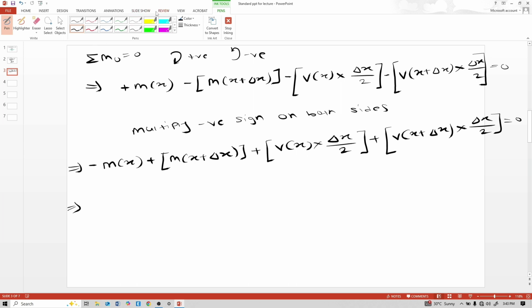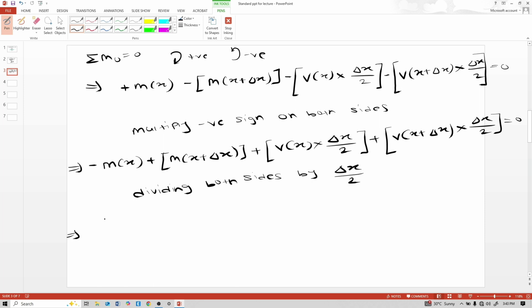So again, dividing this equation by delta x by 2, dividing both sides by delta x by 2.